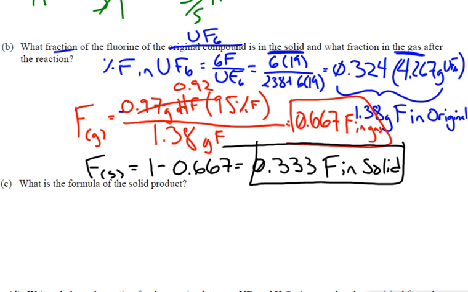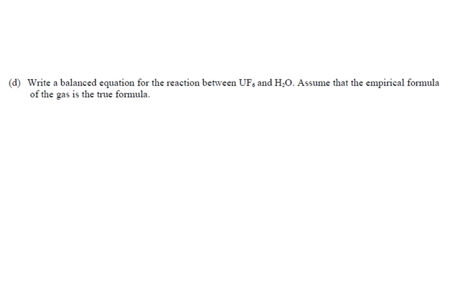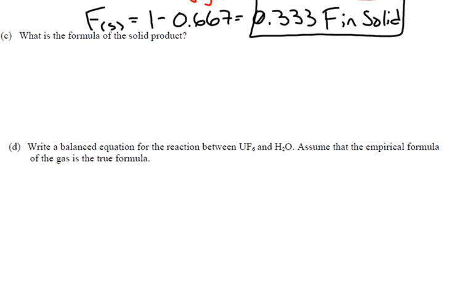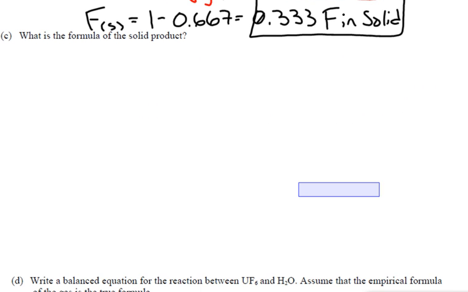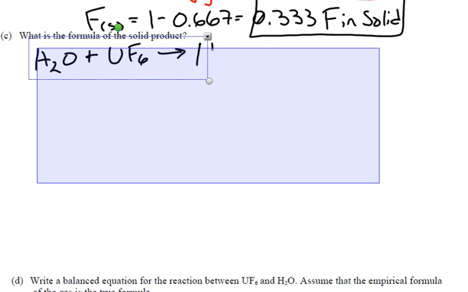Next, we're asked to write the formula of the solid product. Oop, there goes my screen. Well, the reaction again was that water and uranium hexafluoride reacted to form hydrogen fluoride and some uranium fluoride oxygen compound.